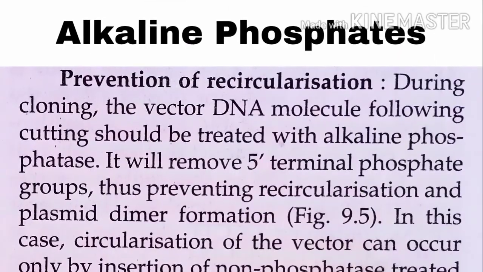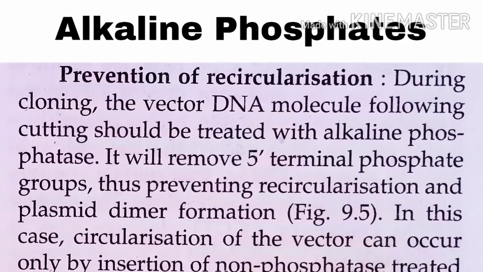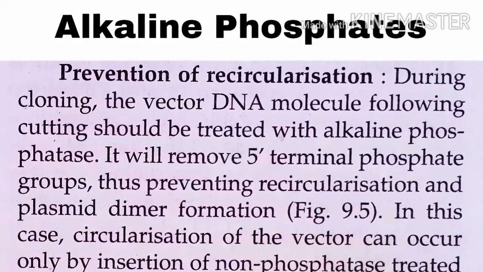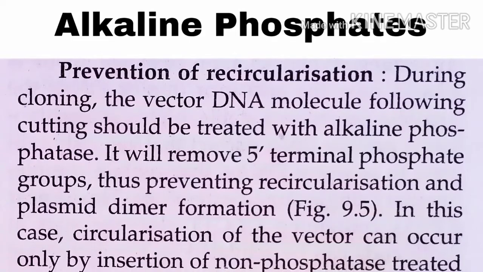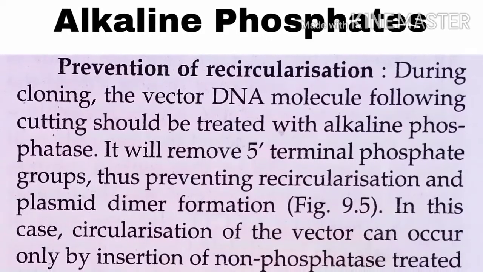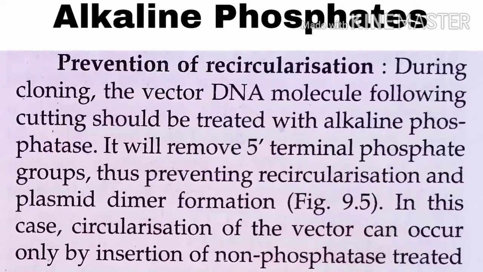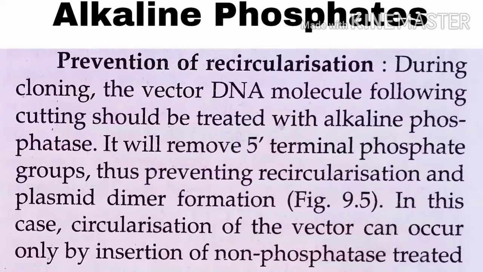During cloning, the vector DNA molecule following cutting should be treated with alkaline phosphatase. It will remove the 5' terminal phosphate group and thus prevent recircularization and plasmid dimer formation.